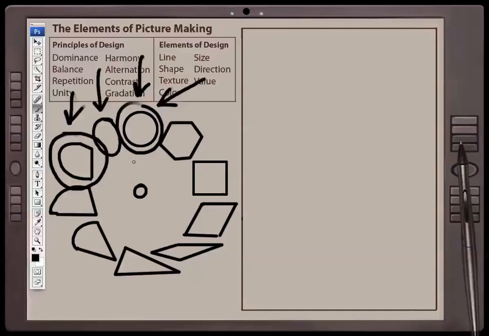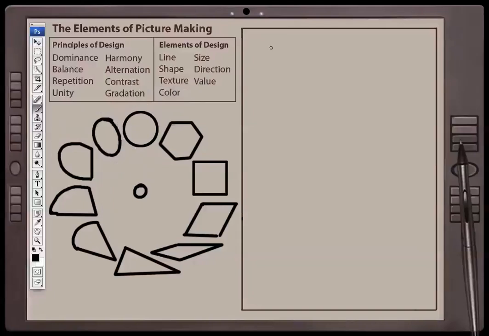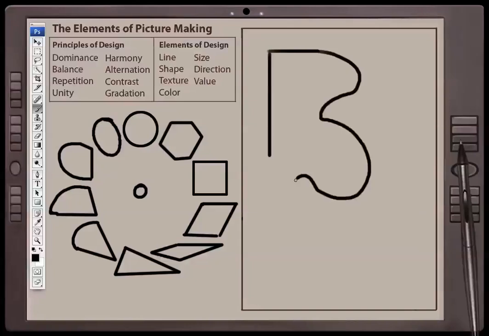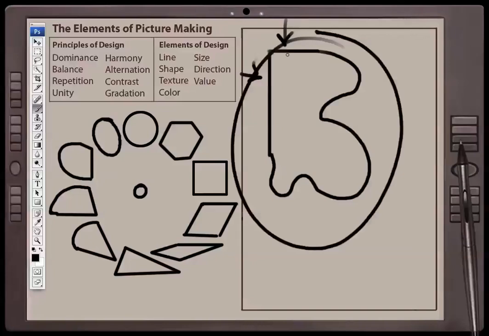So the further away shapes get from this circle, the less those other shapes are in harmony with the circle. What I was talking about earlier when I showed you this curving shape with the straight line here and here. So this kind of shape would relate to this one right there because it has a straight line and then a curve to it.